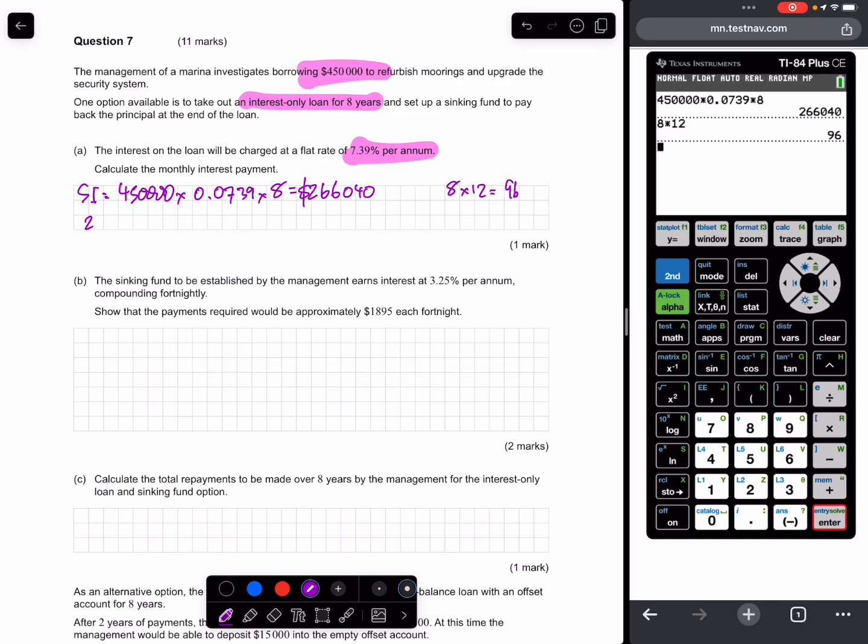So to get the monthly interest-only payment, divide that by 96. We get $2,771.25 monthly.